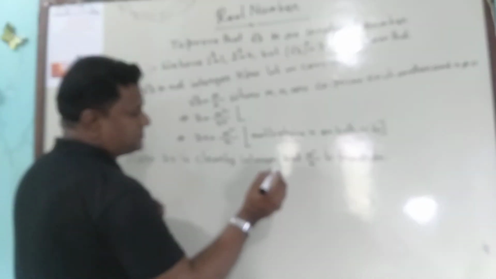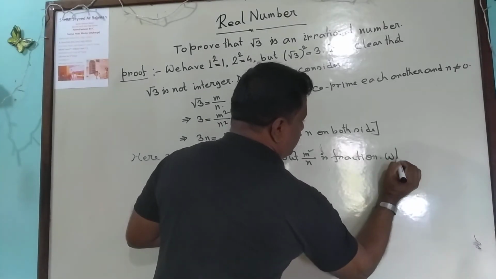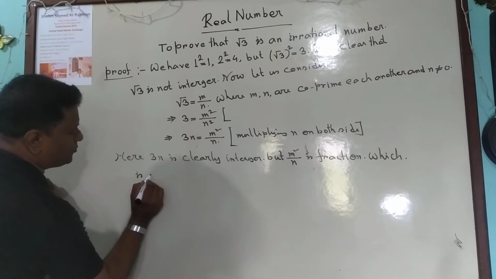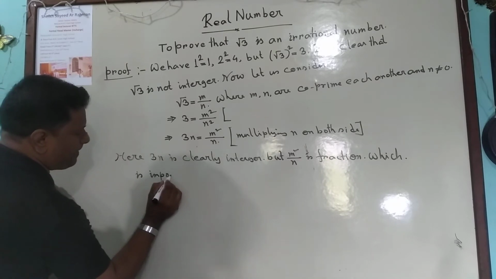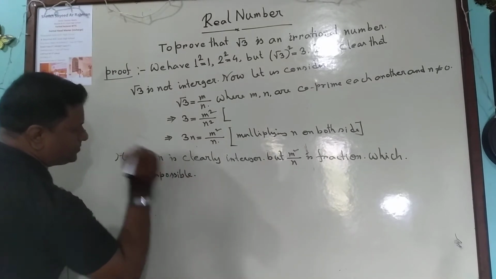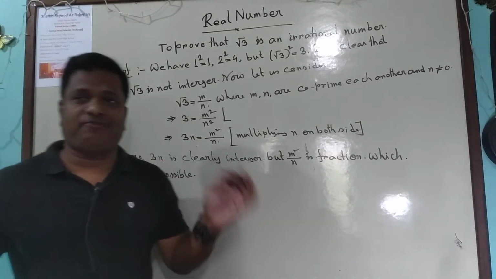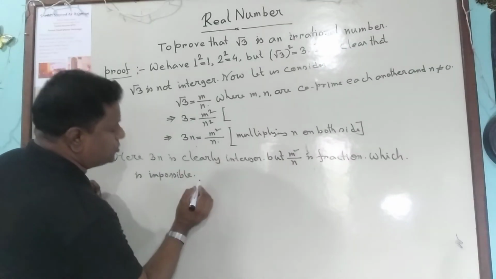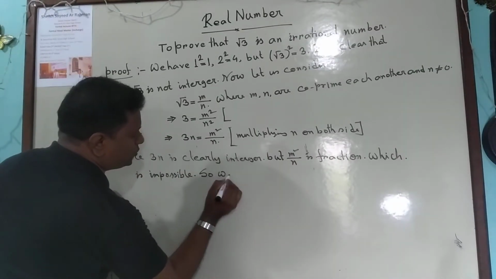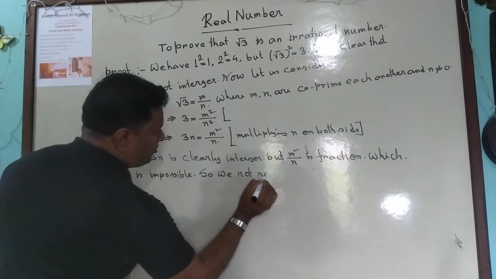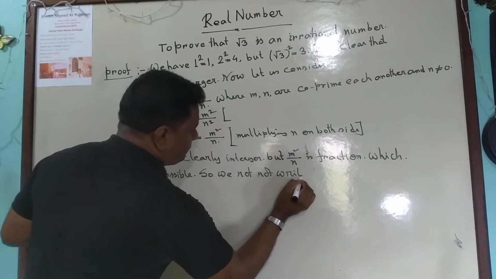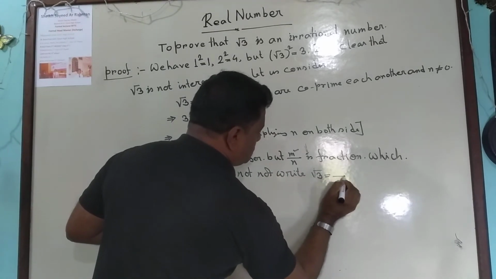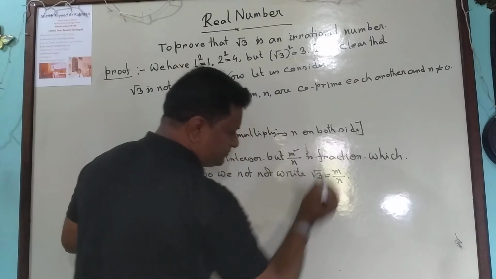So you cannot write root 3 equals m by n.